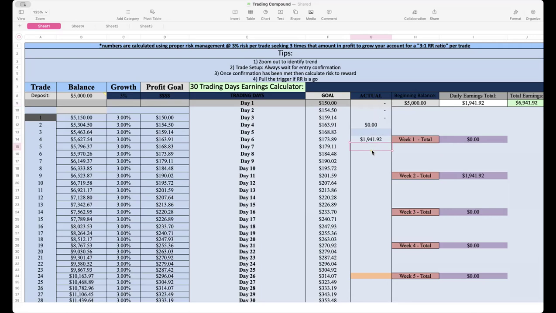Say the following week, you start, say it starts buying and you take a buy and you make, and I'm just guesstimating, $2,000.